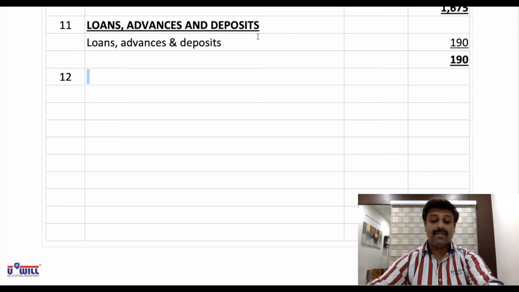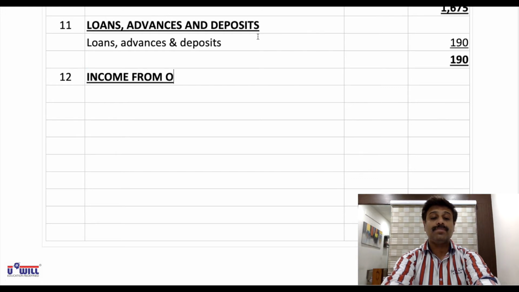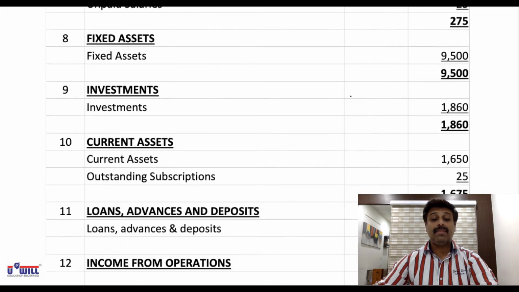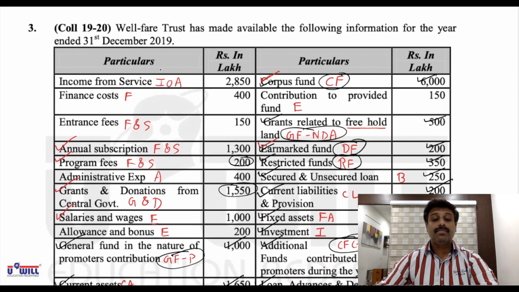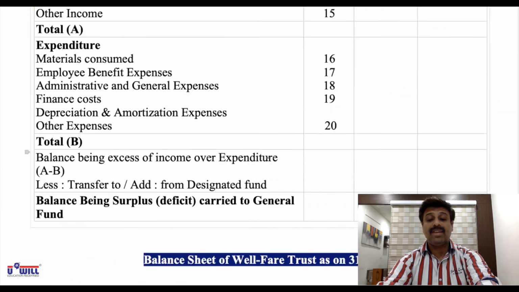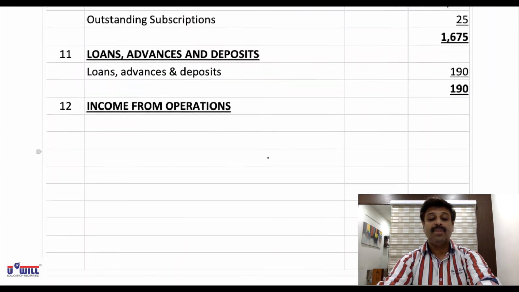Now after loans, advances and deposits we come to P&L items. So income from operations, IOA marked items, that is 2850. Okay, only one is there, 2850 itself will be the total, no other item is there.